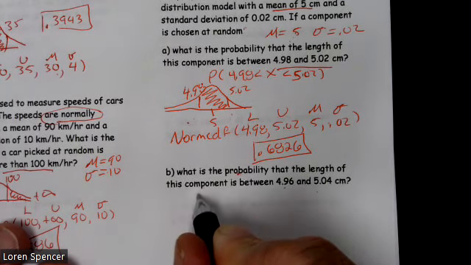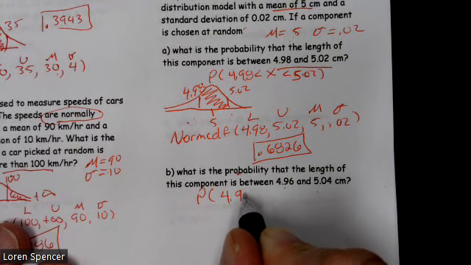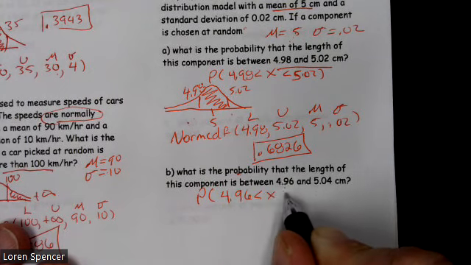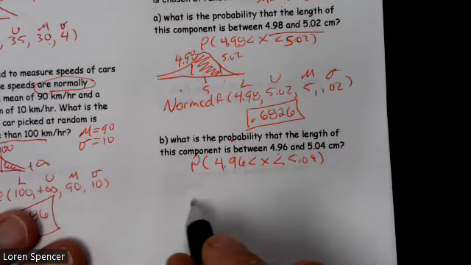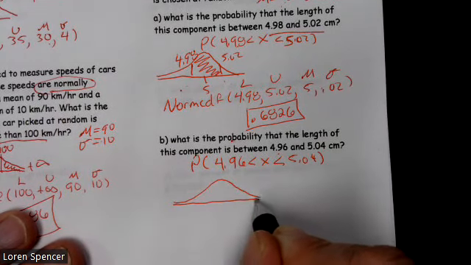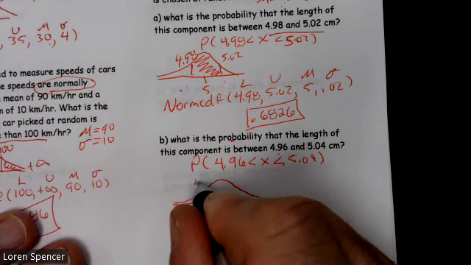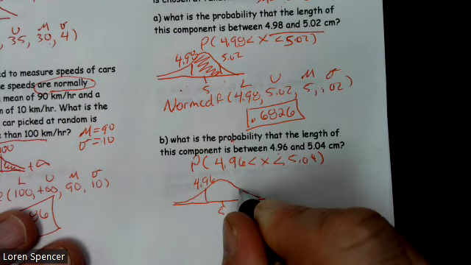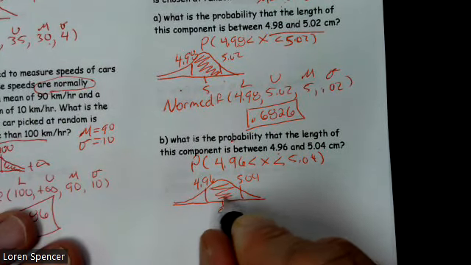And if we were writing the probability statement, just so you get used to seeing it, the probability of 4.96 is less than X is less than 5.04. So in this case, we're centered on 5, and this is 4.96, and this is 5.04, and we're shading in between.